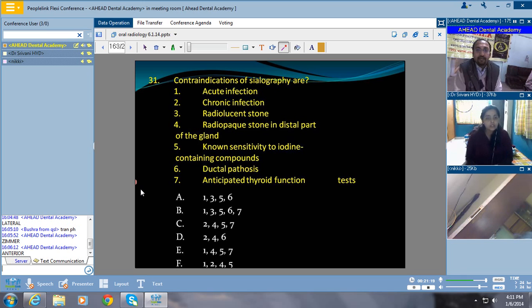A radio-opaque stone present in the distal part of the gland is also contraindicated. Why? Because if sialography is done, it will push the stone further into the gland and aggravate the condition. So choices 1, 4, 5, and 7 are all contraindicated. Is it clear?